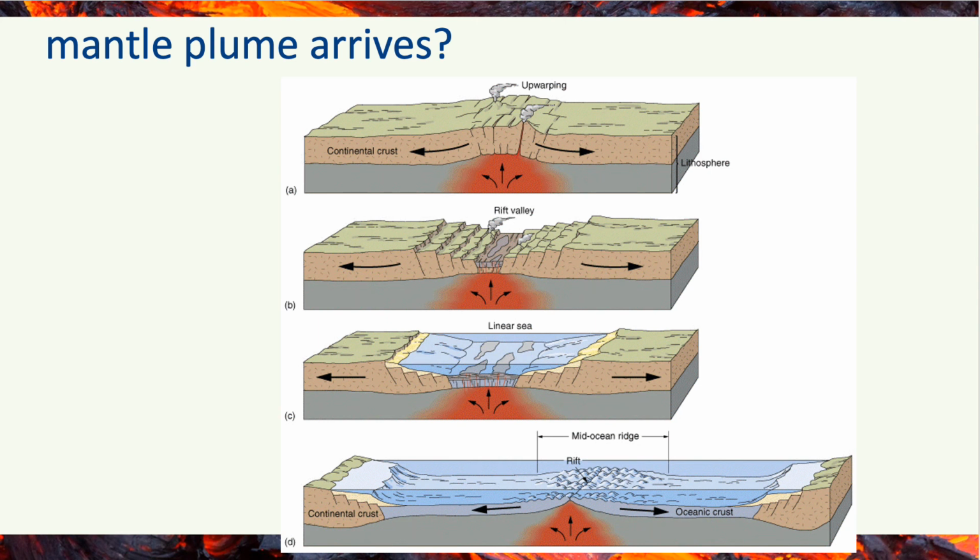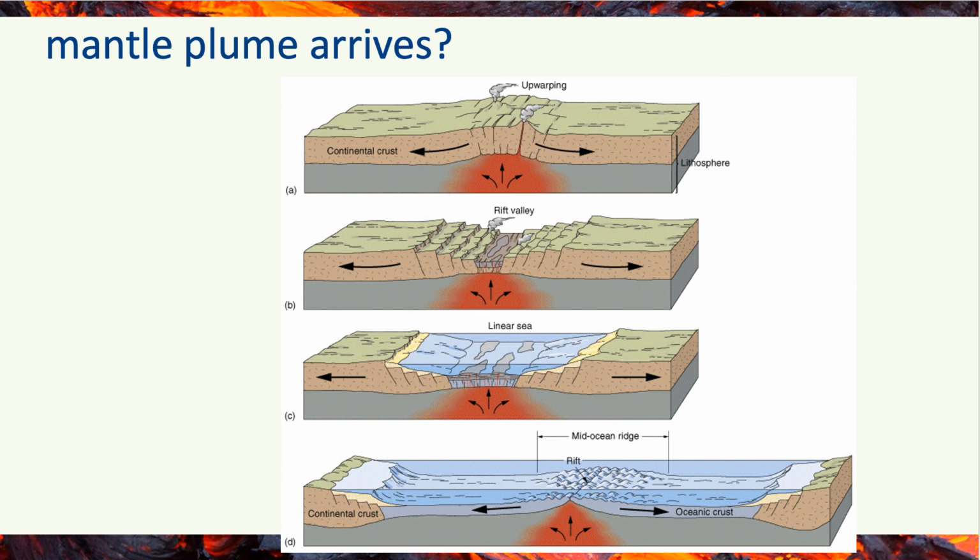So just to give you a graphic representation of this, the mantle plume arrives at the base of the crust, it causes upwarping and then a gravitational collapse because we've got a high which wants to fall apart. So we thin the crust, we start forming rift valleys, which eventually becomes a linear sea, which is what we're starting to see in the Red Sea now.